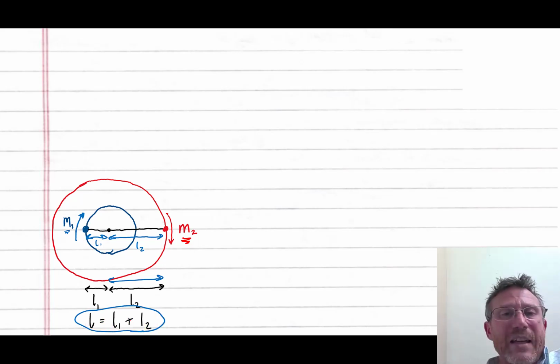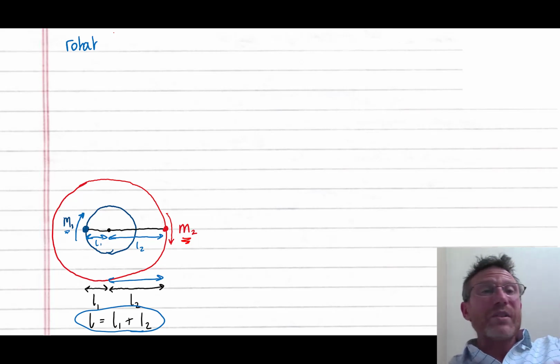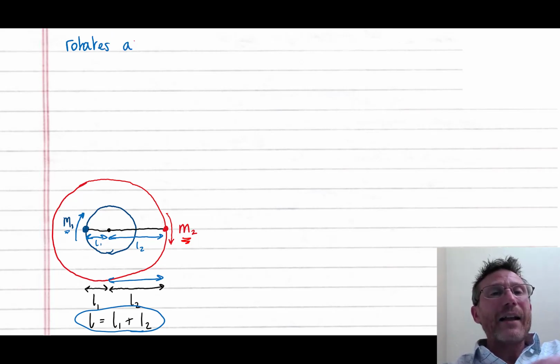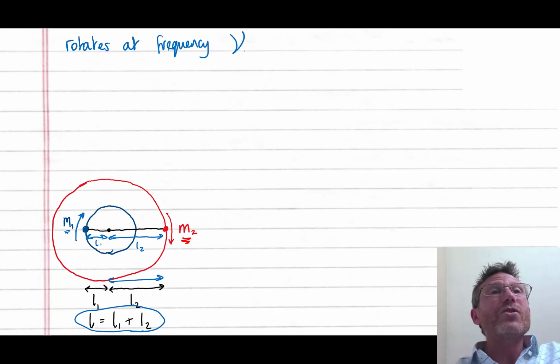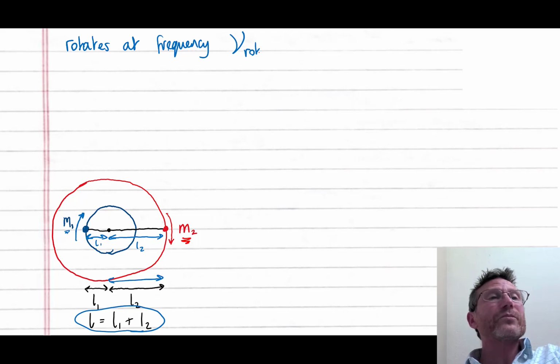What else can we say? So this rigid rotor rotates at some frequency, and that frequency we're going to call nu rot, and it's in cycles per second, or hertz.